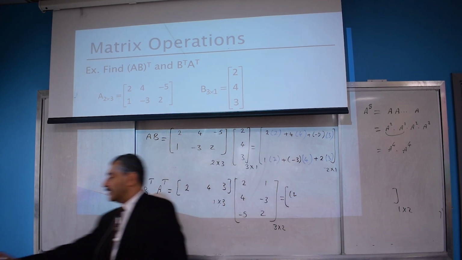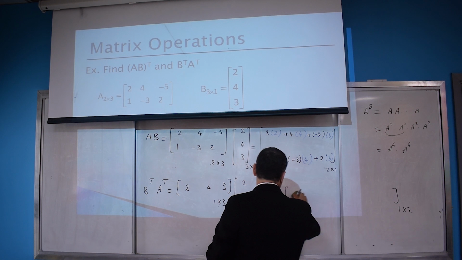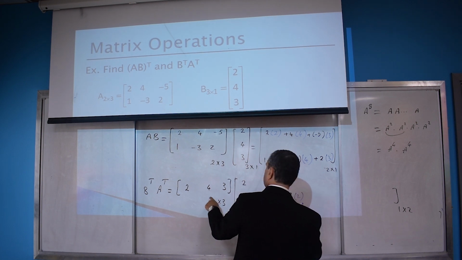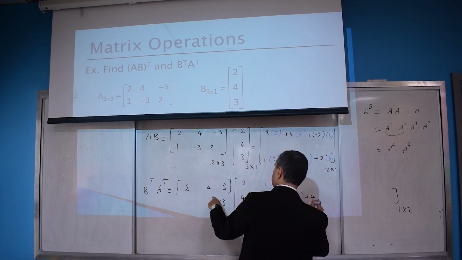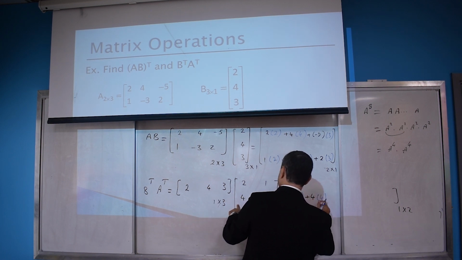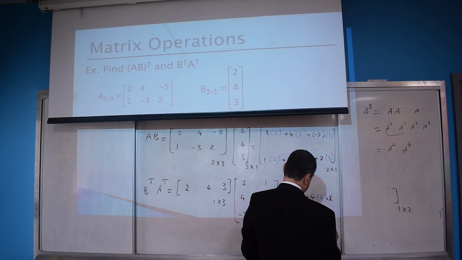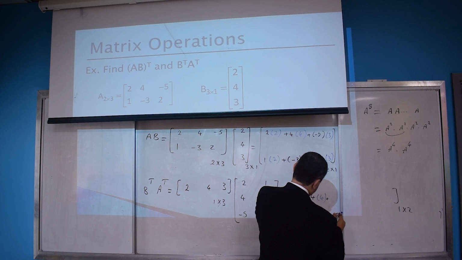Let's write it the same way then: 2 by 2 plus 4 by 4 plus 3 by negative 5.